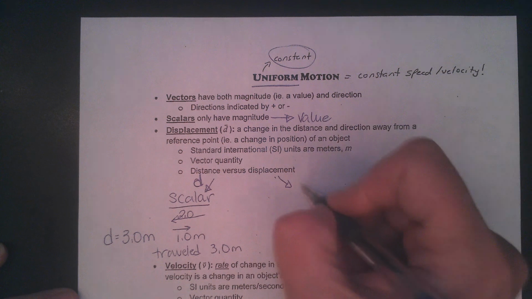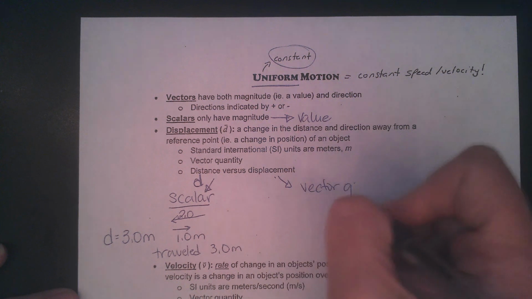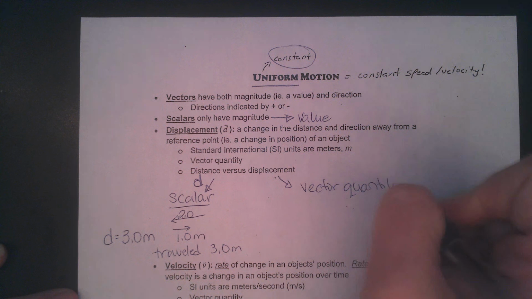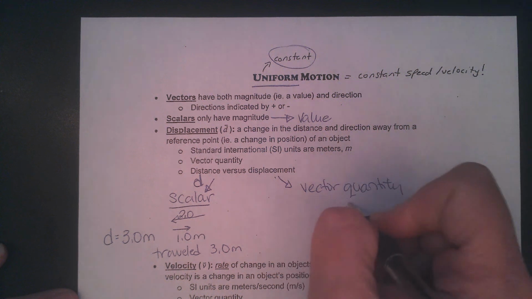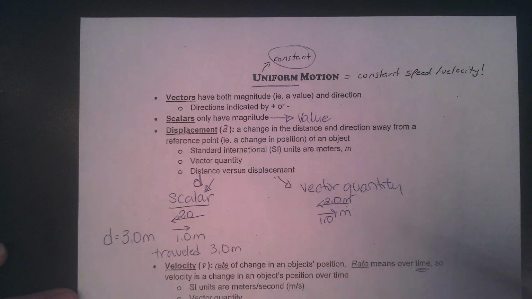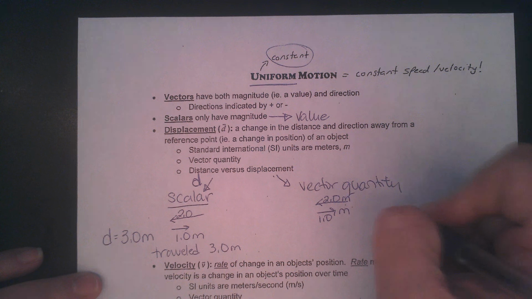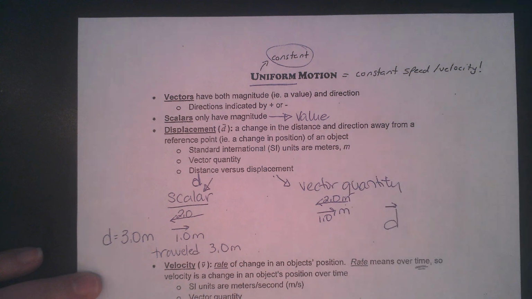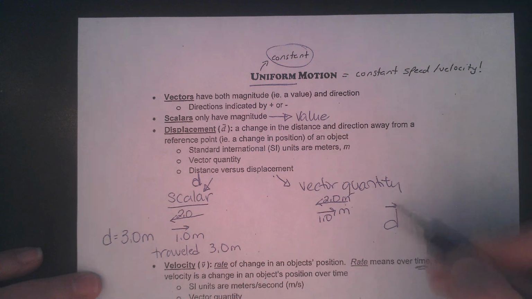Displacement is a vector quantity. If I traveled 2 meters this way and then 1 meter this way, my displacement has a little half arrow sitting over top of it, which means that this quantity has direction. What I did was I went 2 meters to the left.